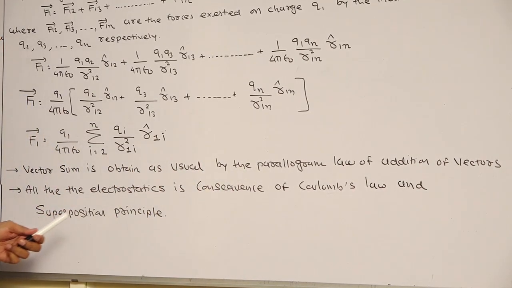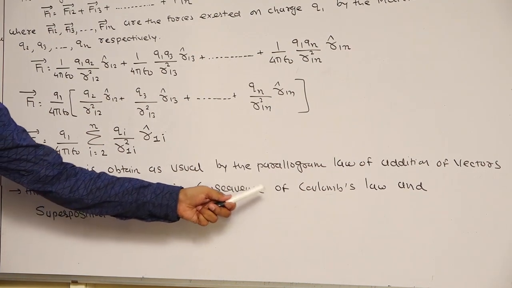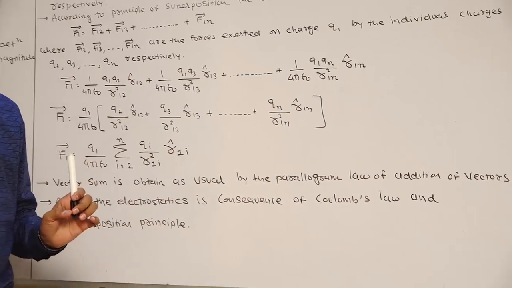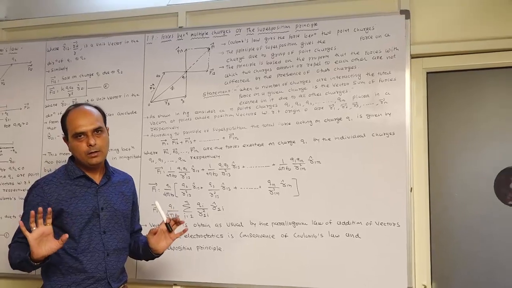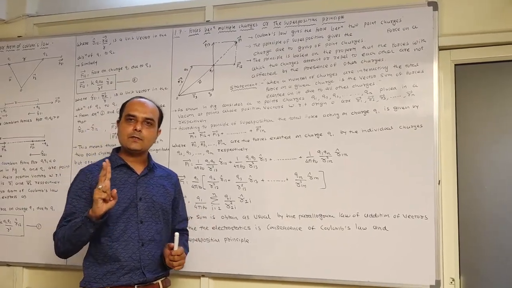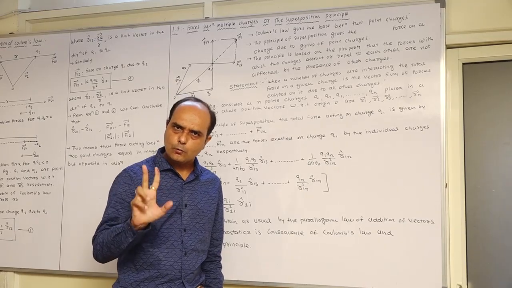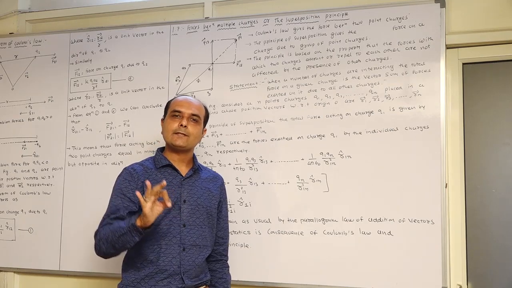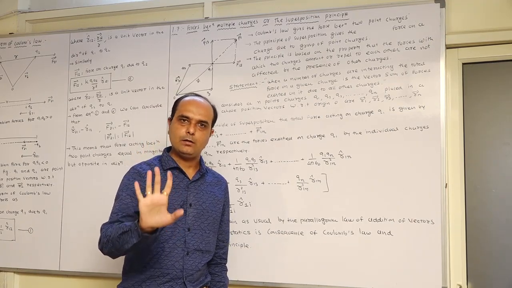And the last statement, student: all of electrostatics is a consequence of Coulomb's law and the superposition principle. So, student, whenever the system contains only two charges, the force can be calculated using Coulomb's law. But for a system containing multiple charges, the resultant force can be calculated by using the superposition principle. Okay.